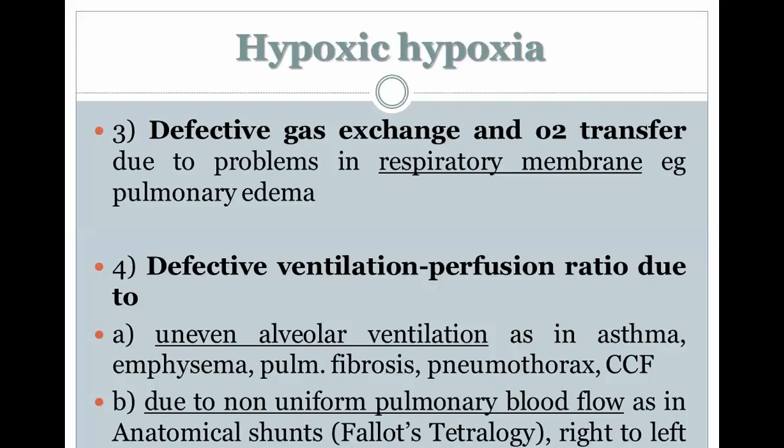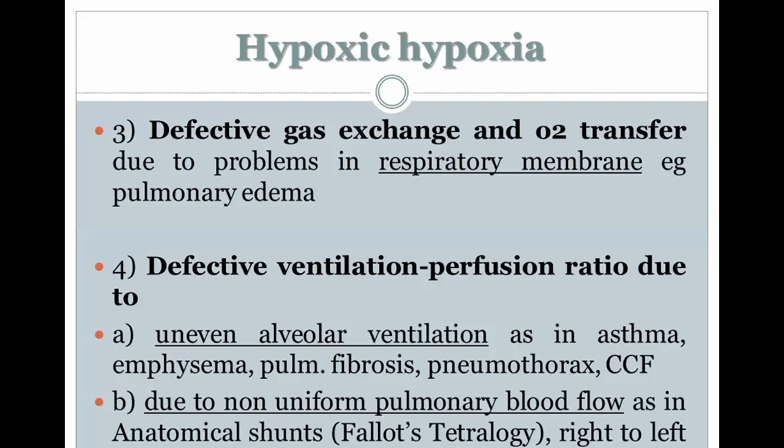The defective ventilation perfusion ratio is due to uneven alveolar ventilation as in asthma or emphysema or pulmonary fibrosis, or due to non-uniform pulmonary blood flow as in anatomical shunt, Fallot or tetralogy. In the Fallot or the shunt, what do you expect the AA gradient? High or low? Very high. Why? Alveolar is normal. There is no problem in the lung or the altitude, atmospheric pressure or the CO2.